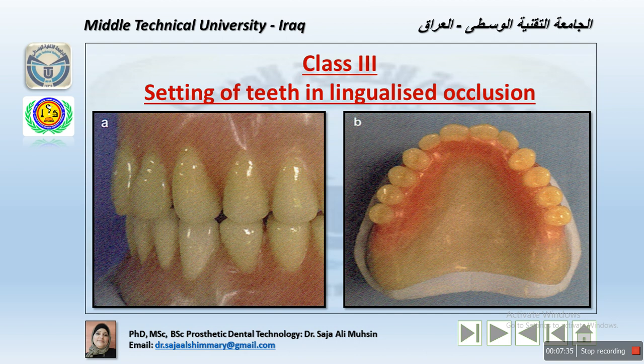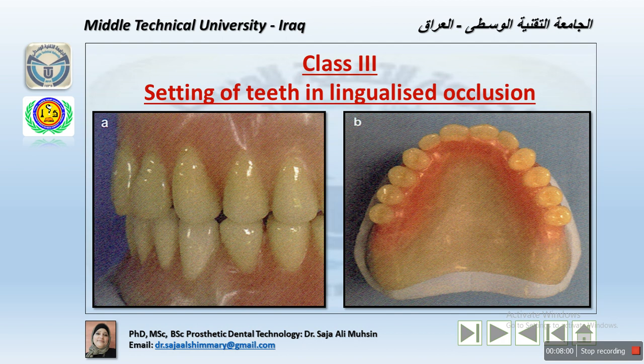In this situation, the lower posterior teeth are positioned over the ridges as normal. The upper teeth are positioned over the ridges in such a way that the buccal cusp occludes with the central fossae of their lower counterparts.